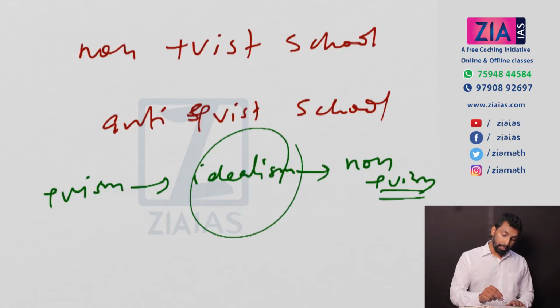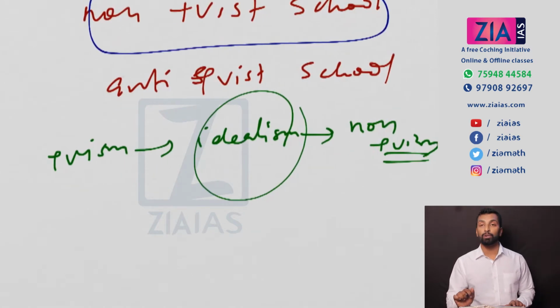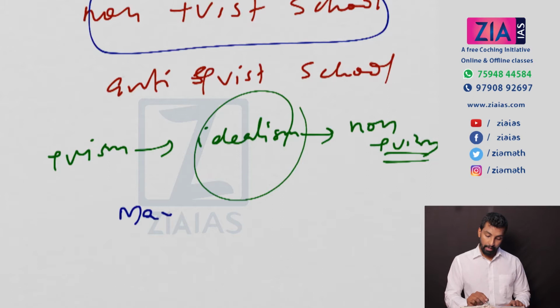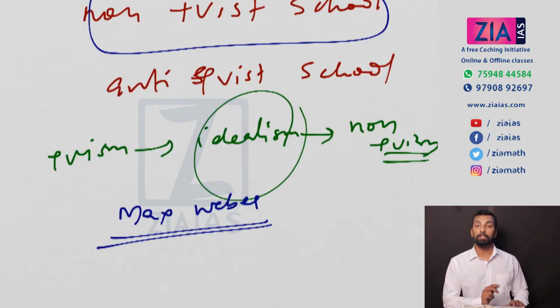This perspective, the non-positivist or anti-positivist school, has its origin in sociology in the writings of Max Weber. Max Weber is considered to have introduced this alternative perspective, or given the starting point.